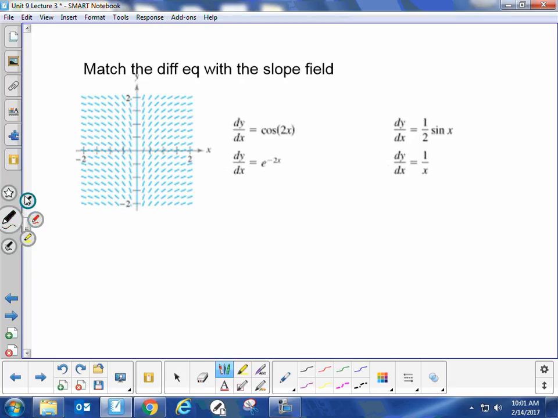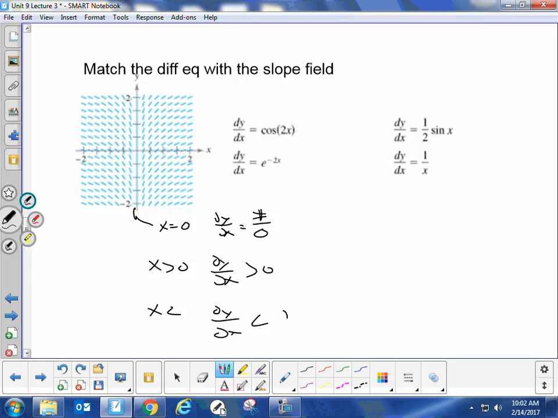If I look at here, when x is 0, I notice that I have vertical dy dx's, like 1 over 0, some number over 0. I notice that when x is positive, dy dx is positive but decreasing. I notice when x is negative, dy dx is negative, but decreasing. Go ahead and discuss with your neighbor which differential equation out of those four creates that slope field.